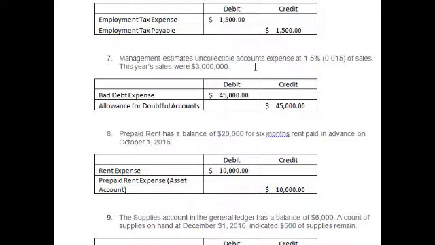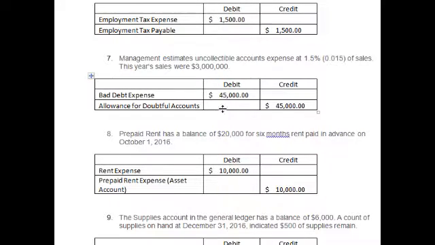If your company has some type of uncollectible accounts and you could reasonably estimate it, you should make a reasonable estimate and capture it. So in this case, the company estimates it as 1.5% of the year's sales. At the end of the year, they realize they have $3 million in sales. So 1.5% of 3 million in sales would make it 45,000.